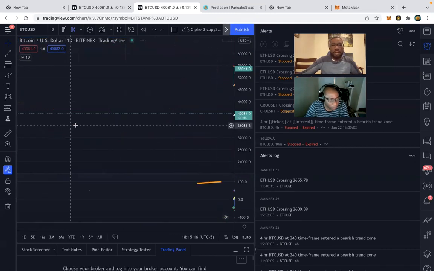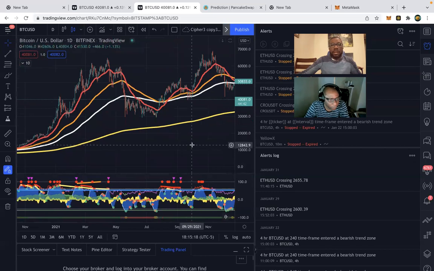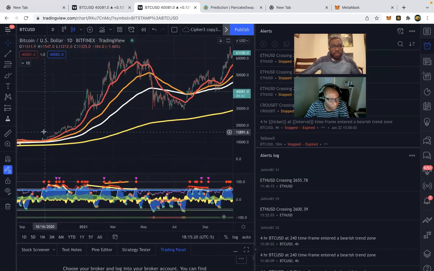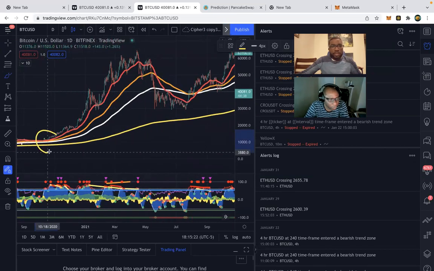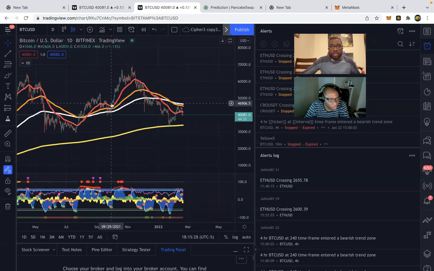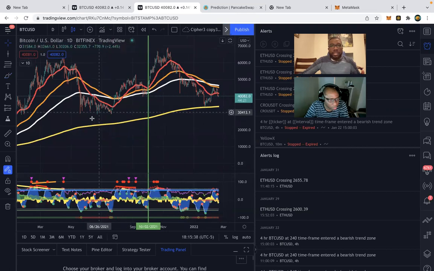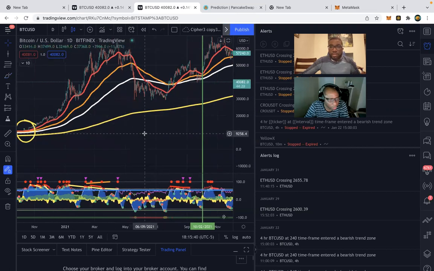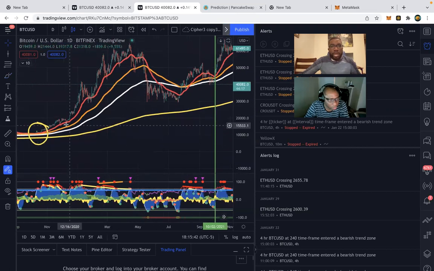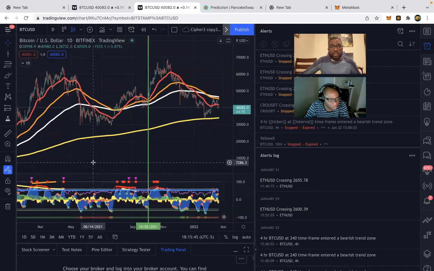Let me go to the day chart here. So we did this bull run for Bitcoin, right? The EMAs touched and got close together. Now, over here, technically, the EMAs are in order again. Now, the question I have for you is, why was this move different from this move?